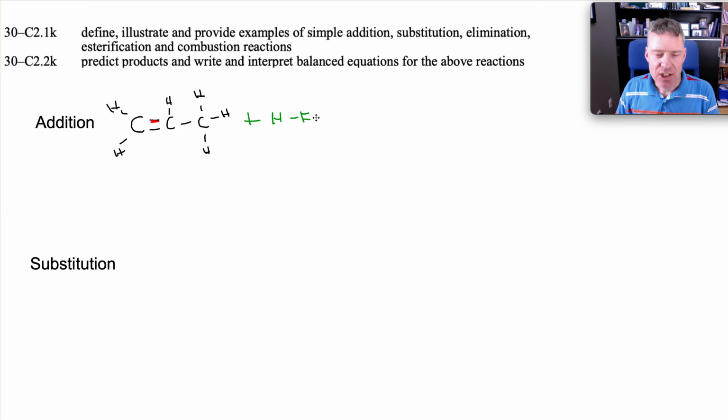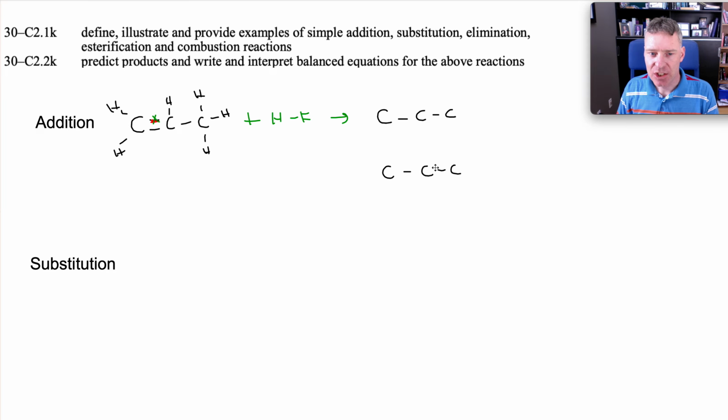So I'll add HF. When this bond breaks, we have bonding capacity freed up on both sides of this bond, at the end and at the middle. And this H from our HF could add to this carbon or that carbon. We're going to have 2 possibilities of how this adds, so we end up getting 2 different named products in this case. You do have to be careful.